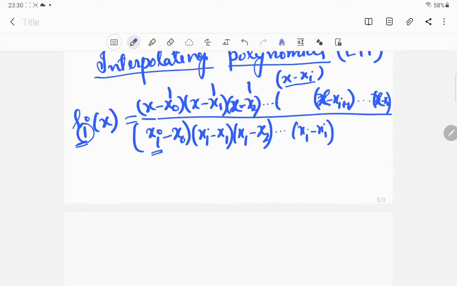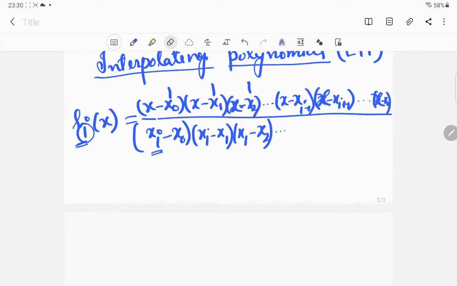So it will be totally zero, so it is not defined, it is an undefined quantity. So while writing this, we need to be careful. Here, it would be x minus xi plus 1, so it should be x minus xi, so we will skip it and do one step. So it will be x minus xi minus 1. So this is the way of writing it.